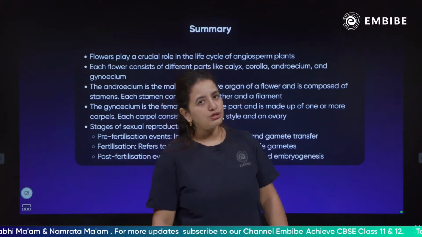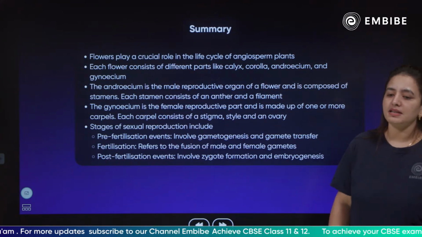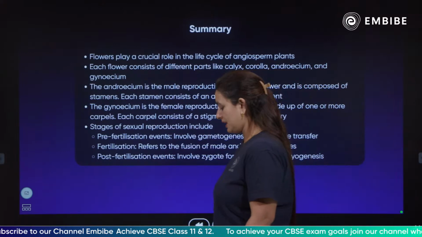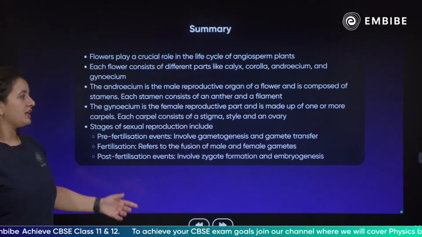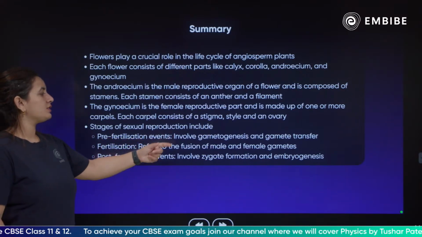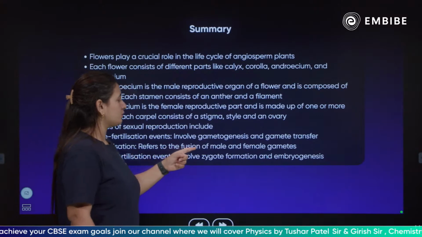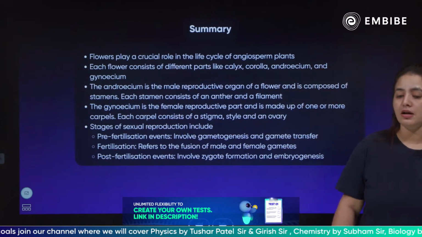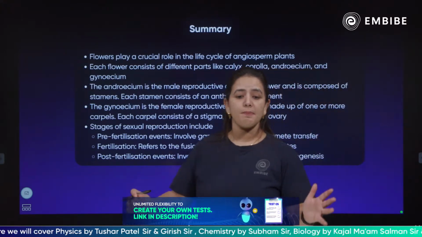The gynoecium has a carpel or a pistil, which is divided into stigma, style and ovary. The stages of fertilization are pre-fertilization, fertilization and post-fertilization events. Pre-fertilization events are gametogenesis and gamete transfer. The fertilization event refers to the fusion of male and female gametes, and post-fertilization involves zygote formation and embryogenesis.